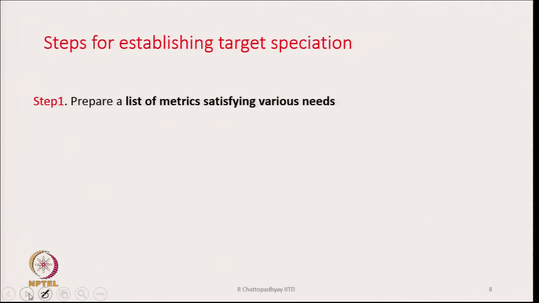So, what are the steps to establish the target specification now? The first step is to prepare a list of metrics satisfying various needs. So, we have to have a list of needs, the technical needs. So, the customer need is converted, or transformed, into a technical need of the product.